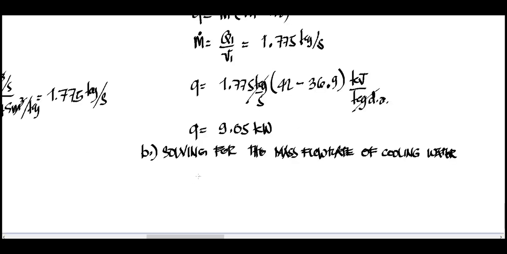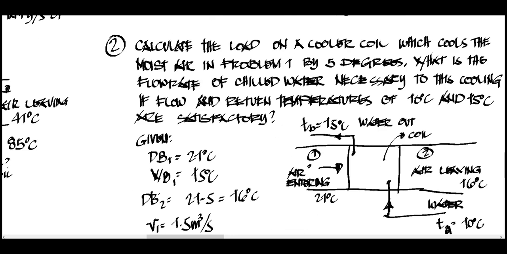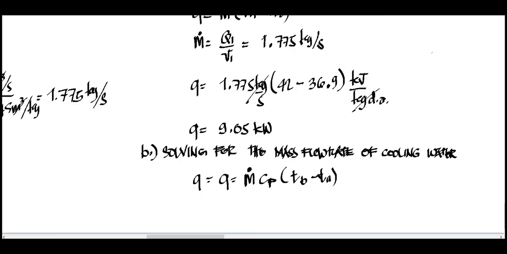Again, your heat load, that will be your Q, is equal to the mass flow rate times the specific heat at constant pressure times the temperature of the water, TB minus TA.